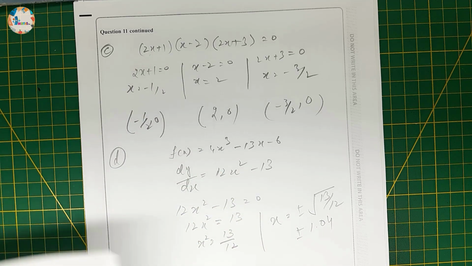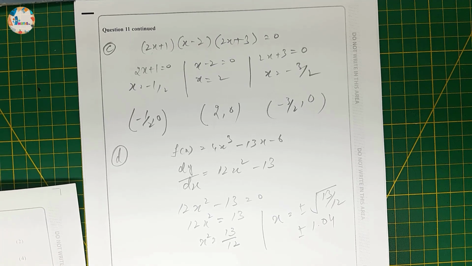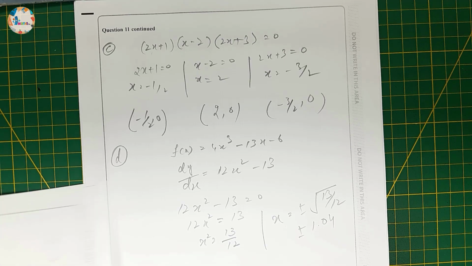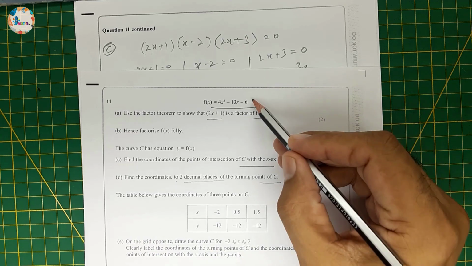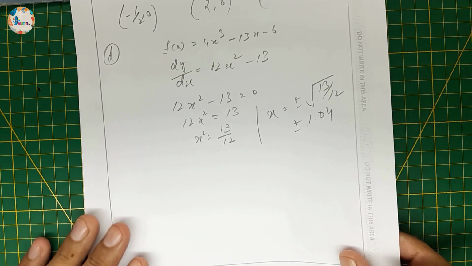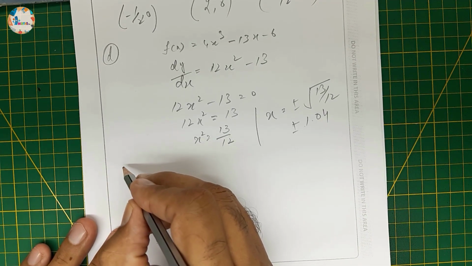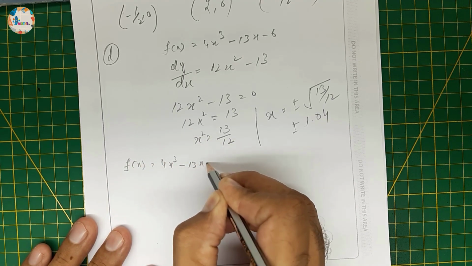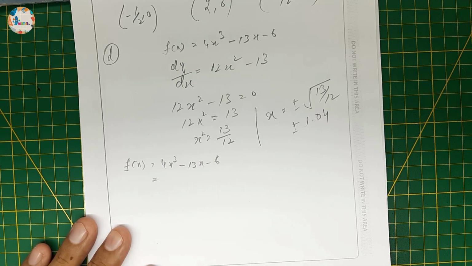This will be the x value, so we can substitute it in the equation f(x) = 4x³ - 13x - 6. We will replace the plus value and the minus value.